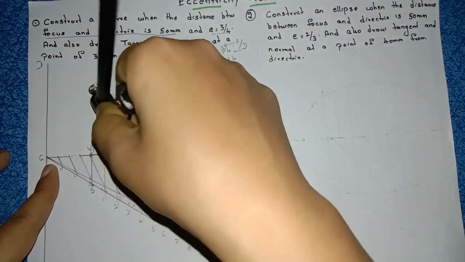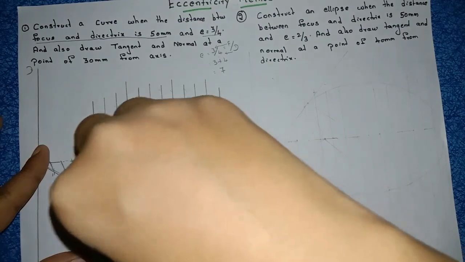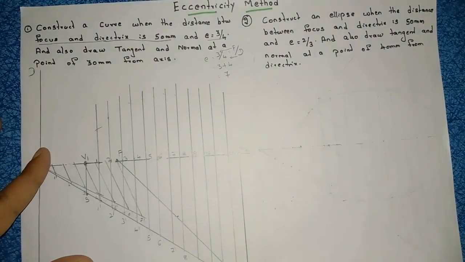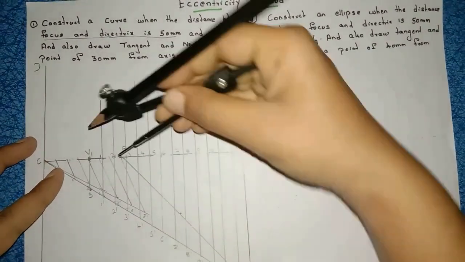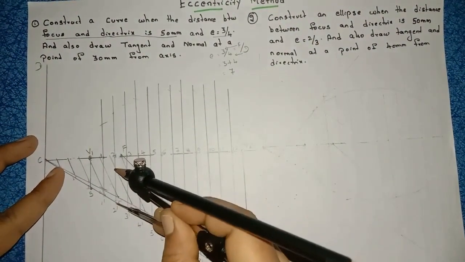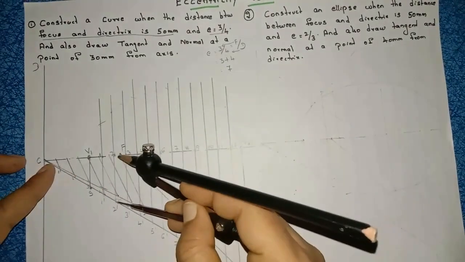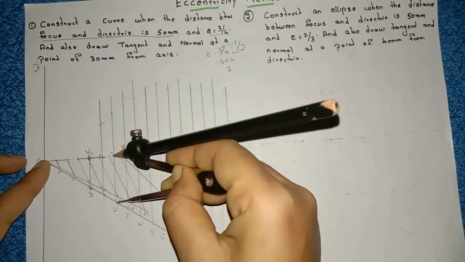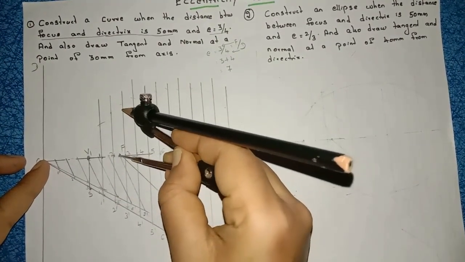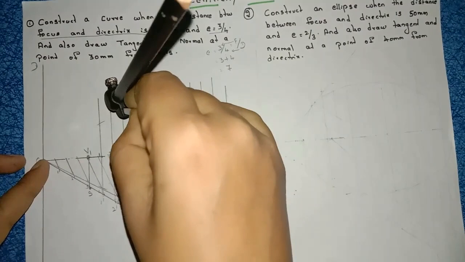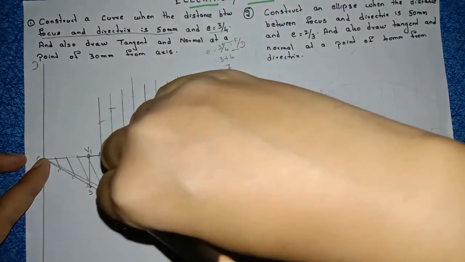Draw the arc on the first line only, above and below. Then next 2 dash: 2 dash radius, F as center. F is common always. Draw the arc on the second line, above and below.